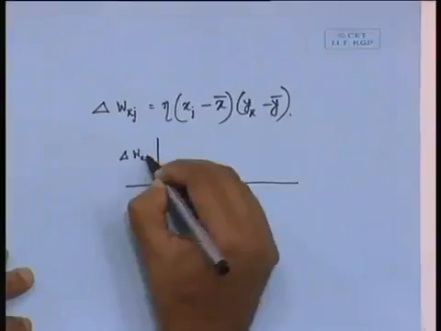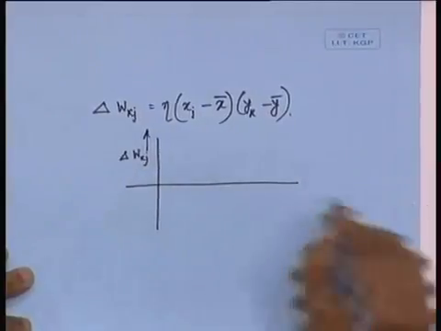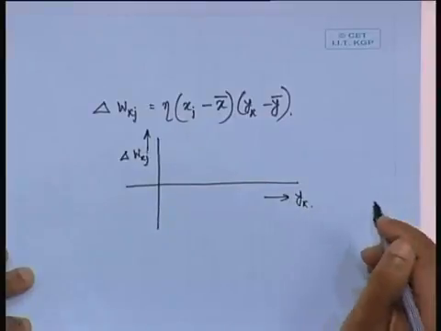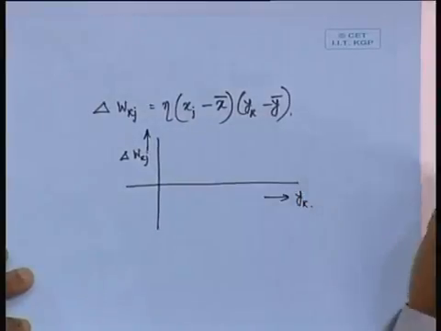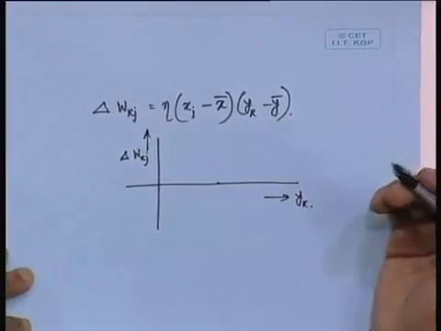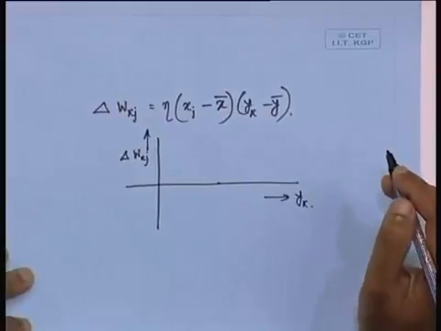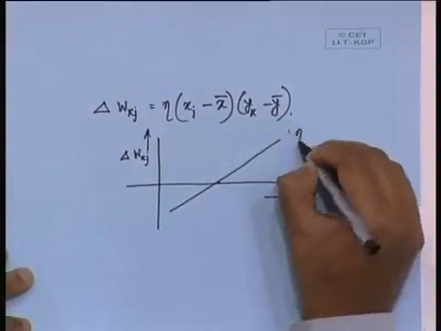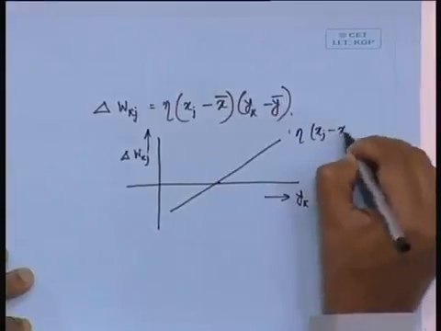So, in this case, if we plot the same thing, that is delta Wkj as a function of Yk, we are also going to get a straight line, but in this case the slope of that straight line is going to be not eta Xj, but eta (Xj minus X bar).